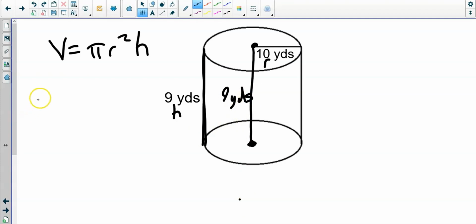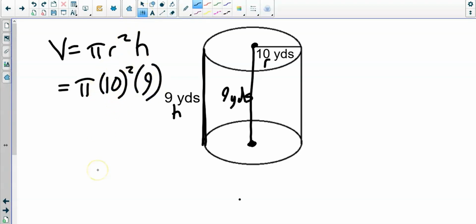So all you got to do up here is plug in. Go ahead, pause the video, give it a shot. So when you plug in, pi r squared, well, that's 9 squared. Sorry, not 9 squared. That would be 10 squared. And then they want it multiplied by 9. And again, just like in the last section, 10.4, in this section they'll want your answer two ways.